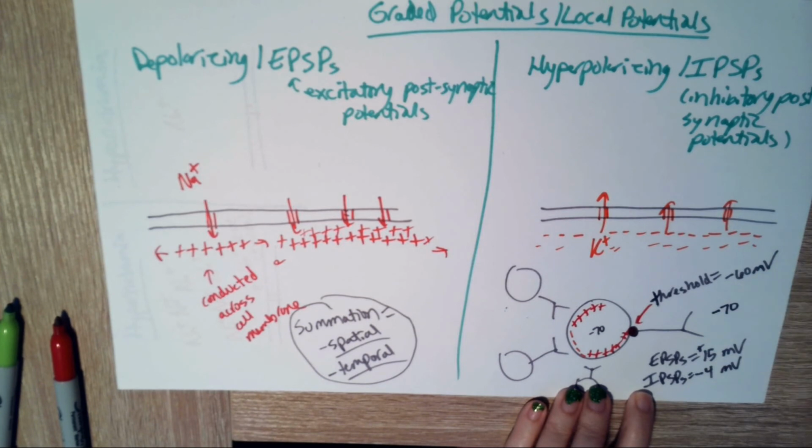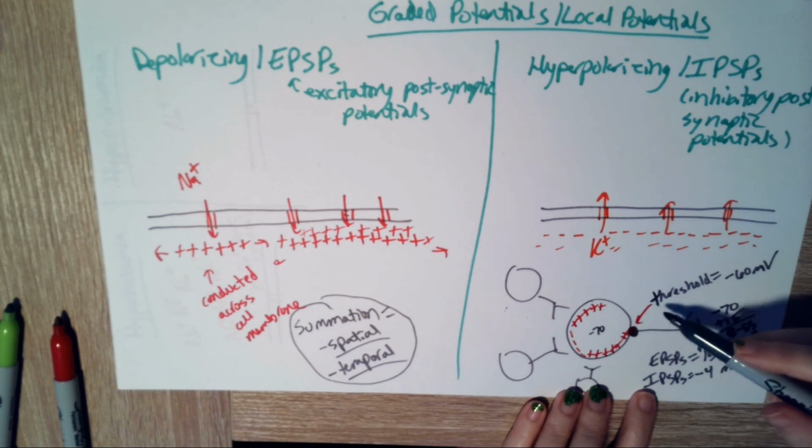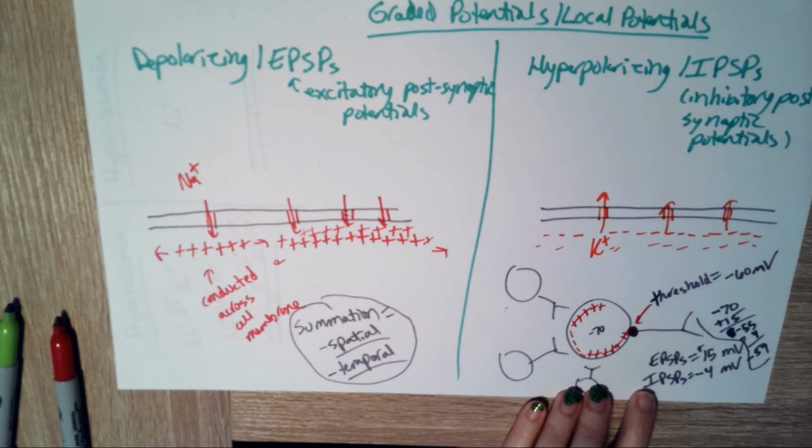You do negative 70, that's where you started. You add 15, so that is negative 55. Doing it backwards. And then we have negative 4 that we have to add in here. So we do minus 4, and that puts us at negative 59 millivolts. That is more positive than negative 60. So we open the channels, we've hit threshold, we can have an action potential.